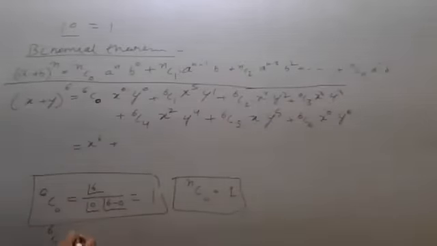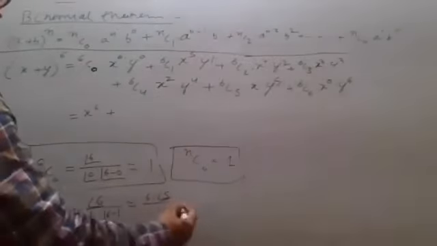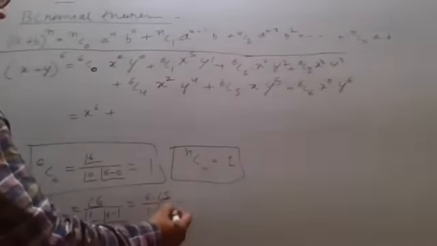Okay. Now we will find 6C1. Remember, 6C1 equals factorial 6 upon factorial 1 into factorial 6 minus 1, that is 6 into factorial 5 over 1 into factorial 5. Factorial 5 cancels out, so it is 6.